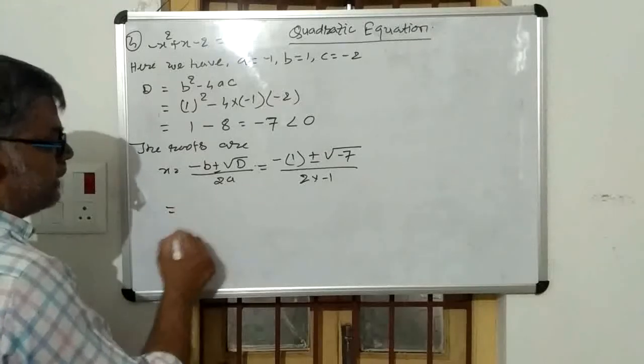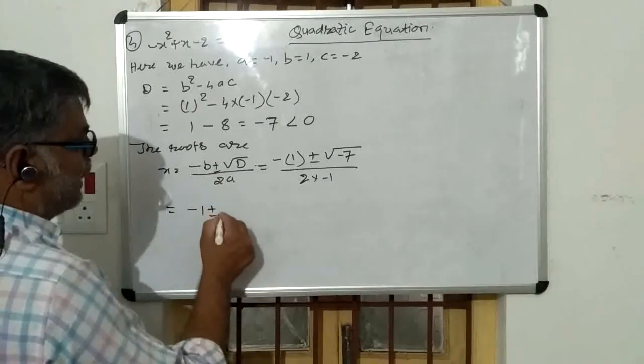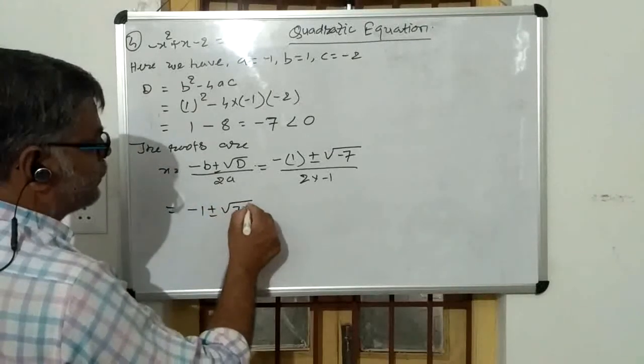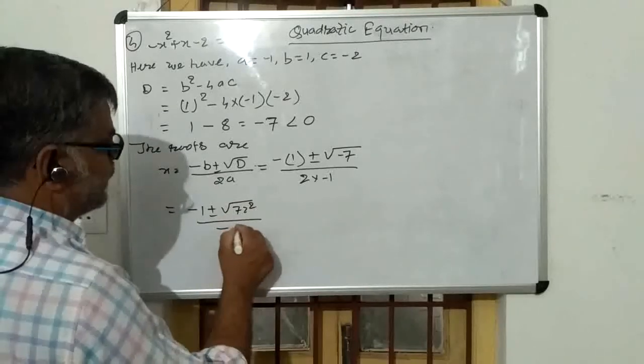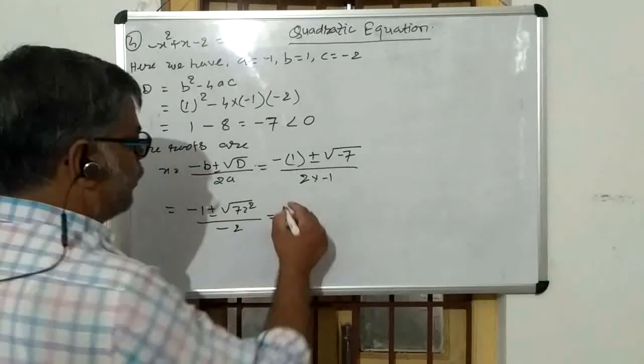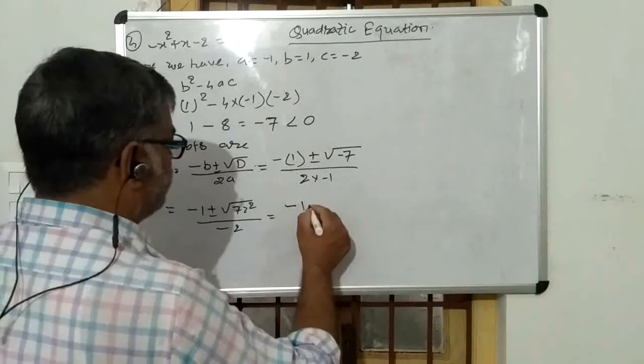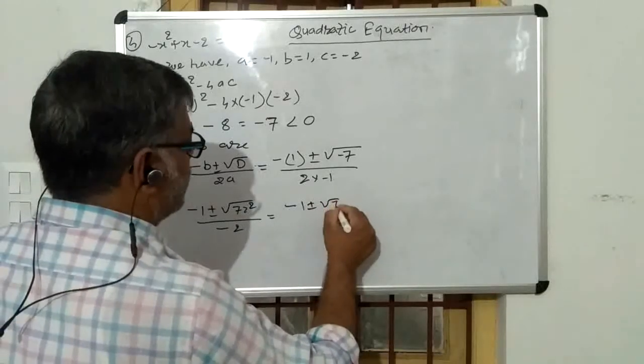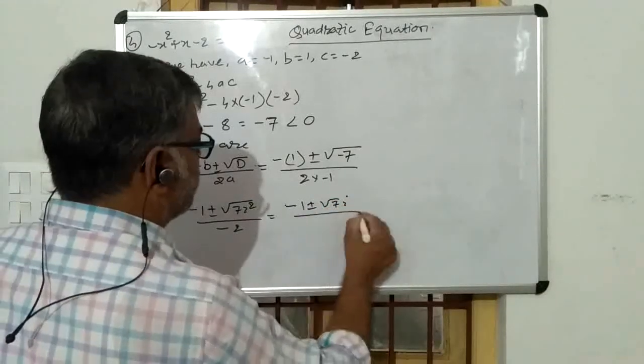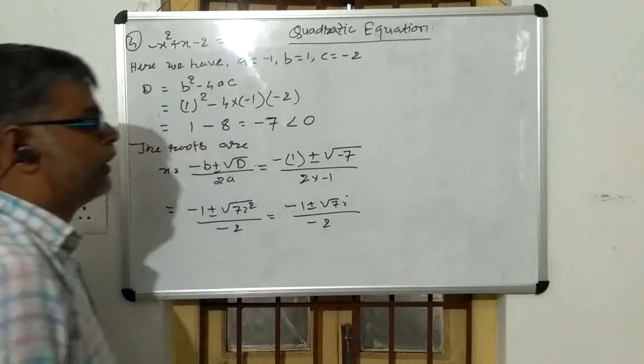So you can write minus 1 plus minus under root 7 i square by minus 2, which on further solving is minus 1 plus minus root under 7i by minus 2.